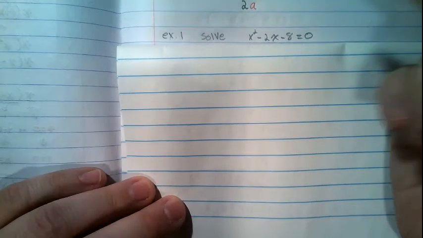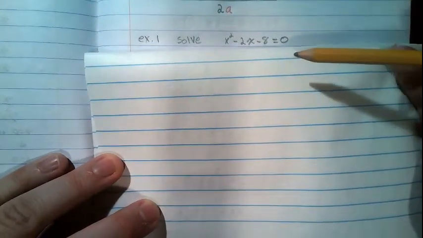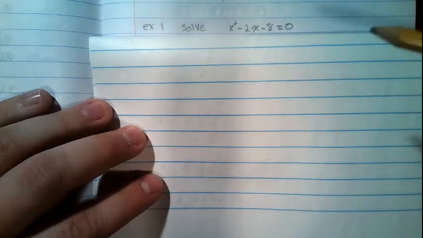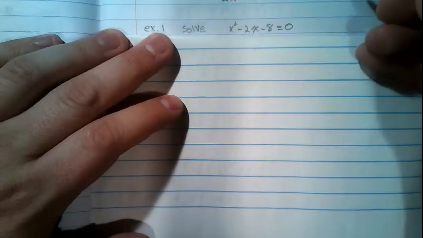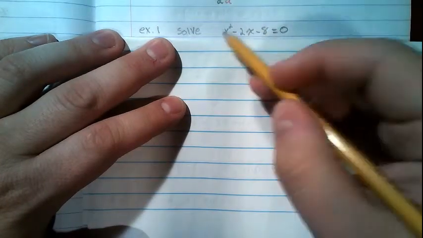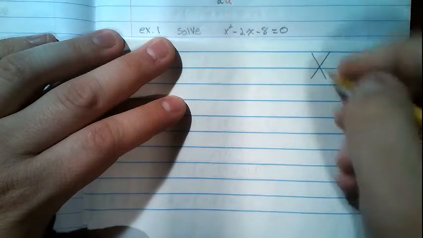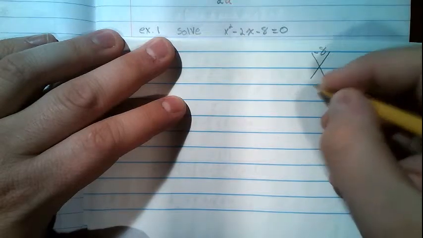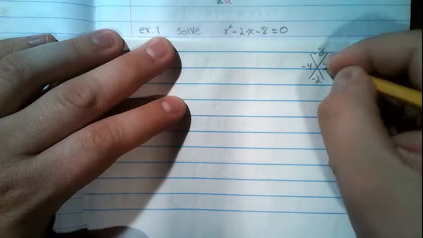Our first example is going to be to solve x squared minus 2x minus 8 equals 0. Now, if I were given this equation right off the bat, it looks like I can factor it. So let's do a little review and solve this one by factoring. I don't have to slide anything over. I could right away just use my x puzzle. Numbers that multiply to negative 8 but add up to negative 2 are negative 4 and positive 2.